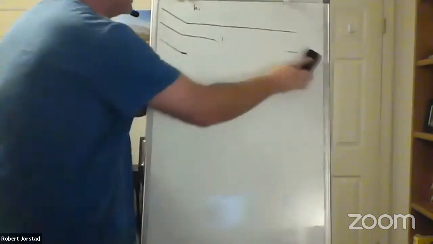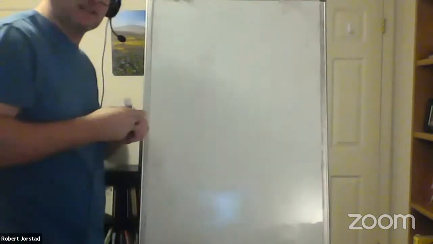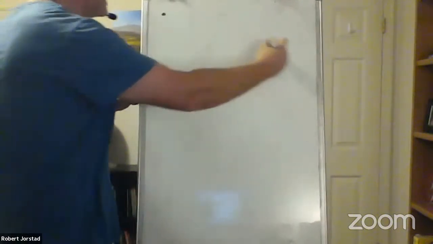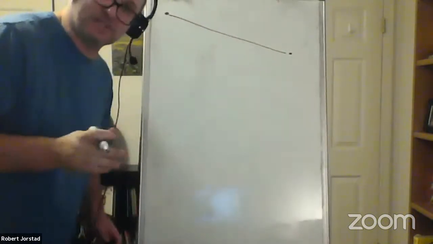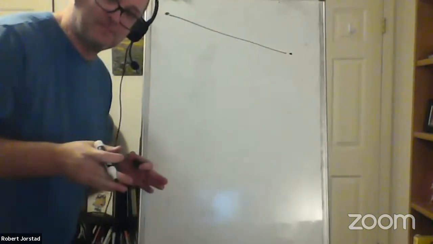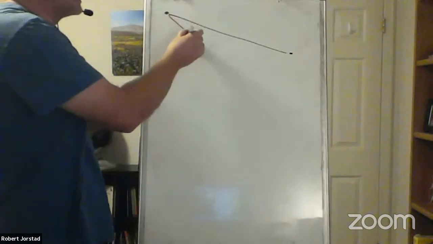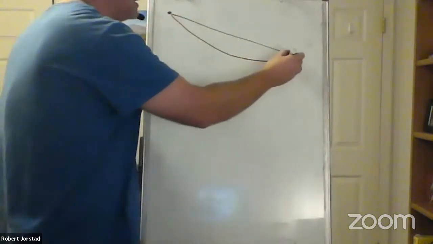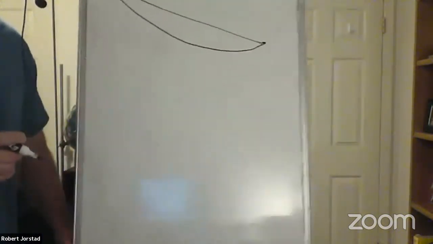In general, this is true even if you did a straight line path. A lot of people mistakenly think, let's say we're just trying to get from here to right here, the straight line path is the shortest distance, but it does not take the least amount of time. In general, there's always some path that curves like this, that takes less time and dips lower than you might think it needs to.